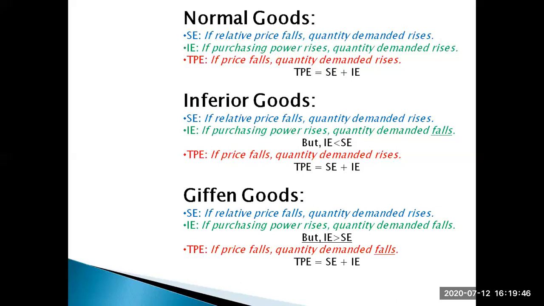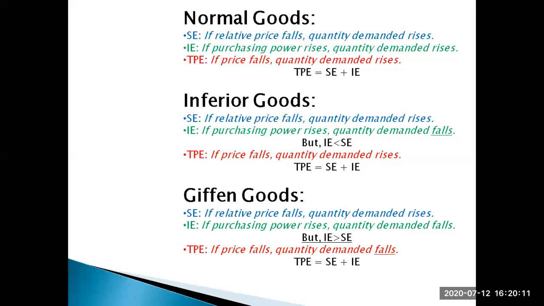So the income effect says if purchasing power rises, the quantity demanded falls. So it's the same in case of inferior good as in case of Giffen good. The difference lies in the fact that in case of inferior good, the income effect was weaker than substitution effect, so it couldn't pull the individual back enough. But in case of Giffen good, the income effect is stronger than substitution effect.